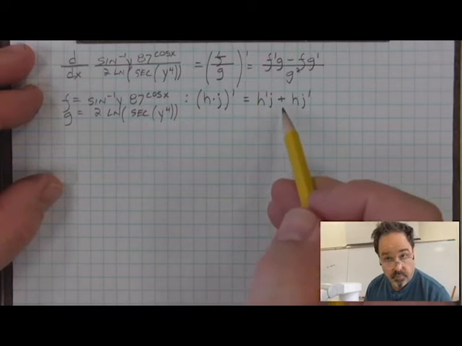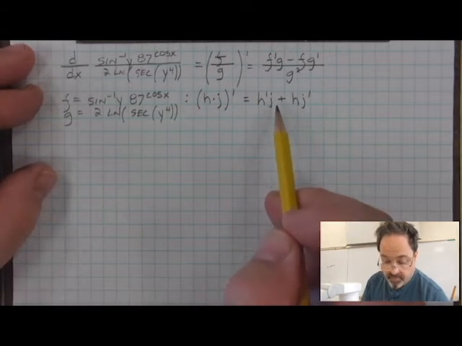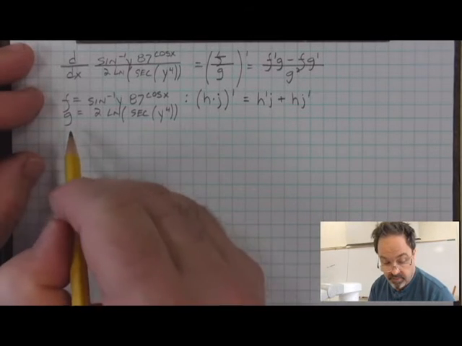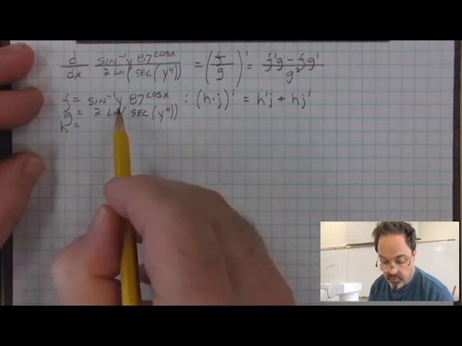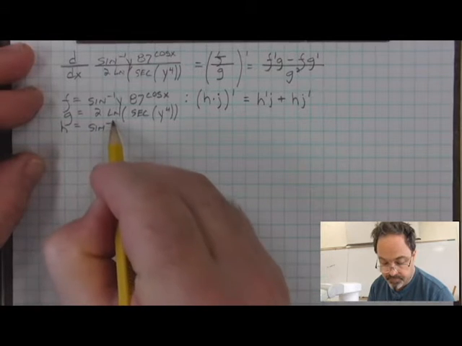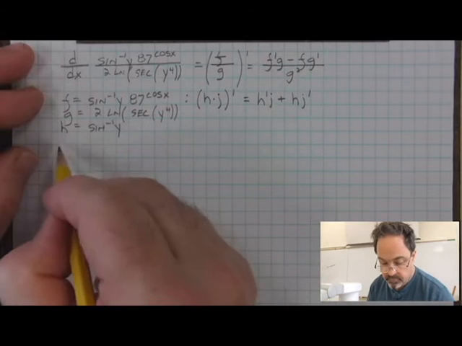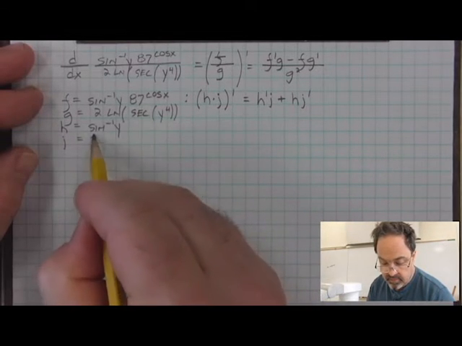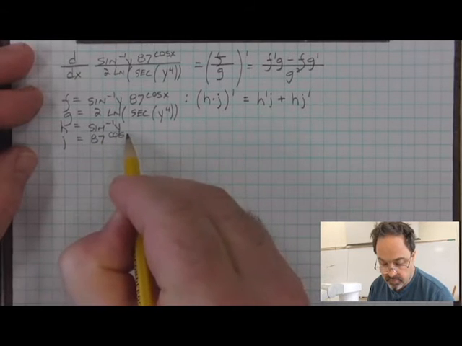I've assigned h and j to be functions in themselves. h, the first factor of this product, is inverse sine of y. j is the exponential 87 to the cosine of x.